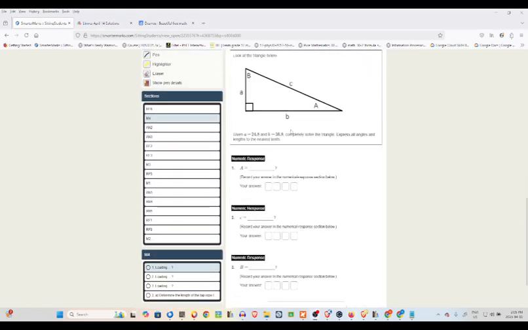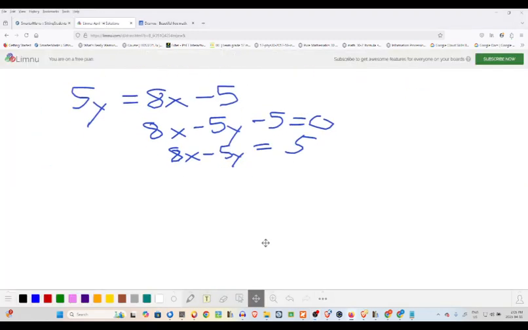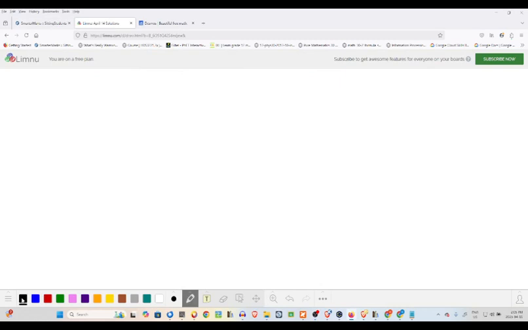Now, for M4, we're getting into trigonometry. We need to solve this triangle. We are given our 2 perpendicular sides. So angle A, in that case, we're given the opposite and the adjacent, so SOH CAH TOA goes on tan.